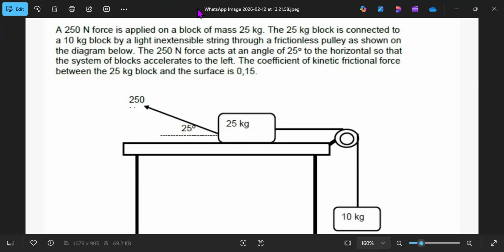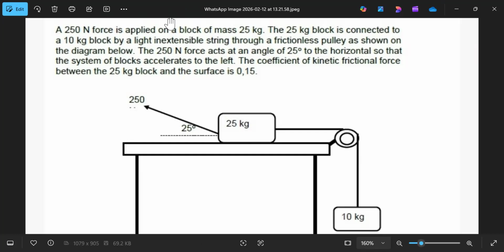So a 250 Newton force is applied on a block of mass 25 kg. Now this block is connected to a 10 kg block by means of a light inextensible string through a frictionless pulley, as we can see in the diagram.